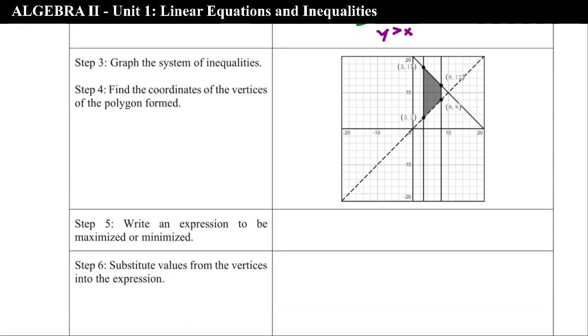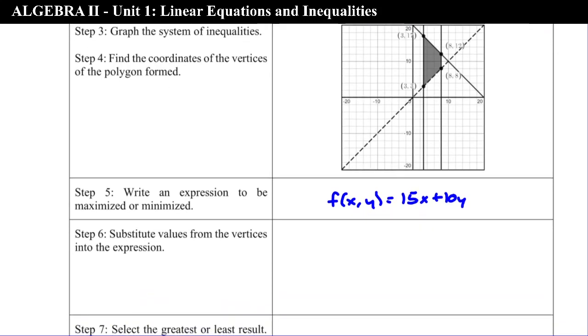We have the feasible region, we have our corner points. Let's write down what that objective function is and finish off the problem. So our objective function would be 15x plus 10y. That's $15 per hour on programming, $10 per hour that she spends tutoring.